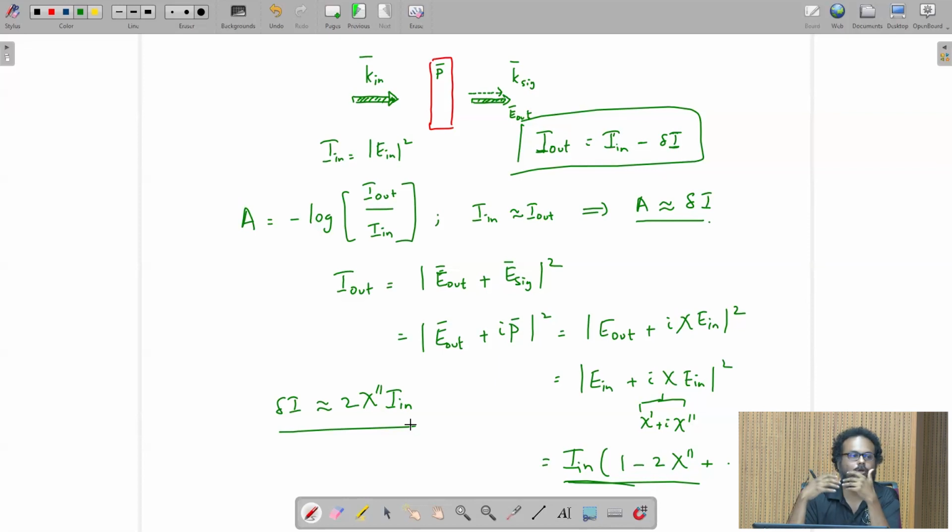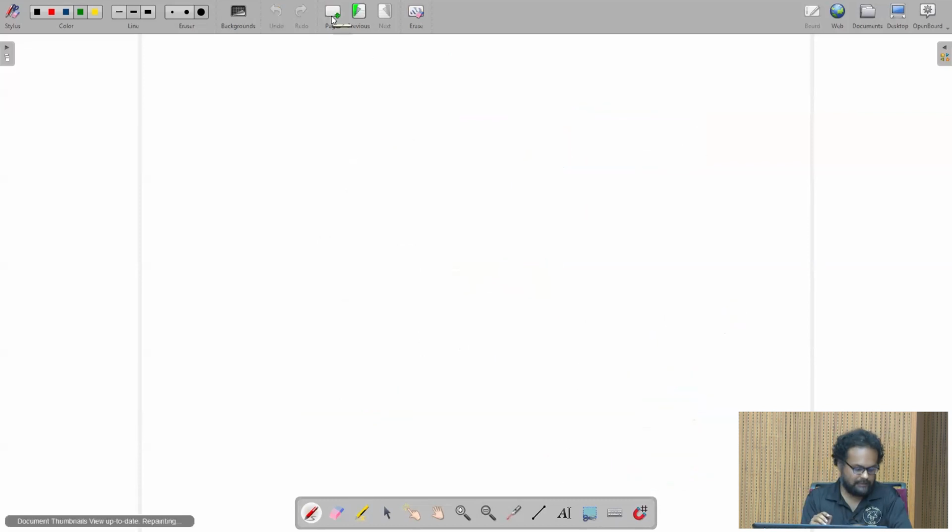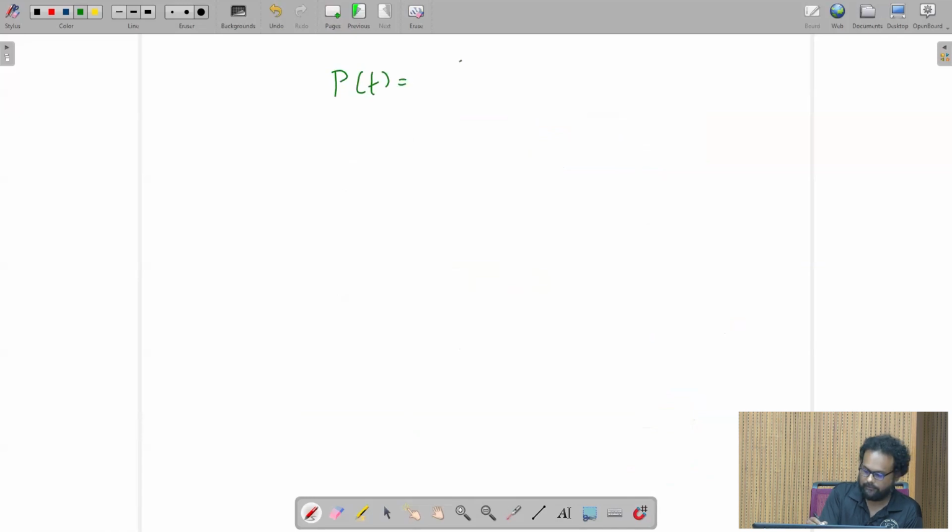So what will be the correct quantity that I need to estimate? It is the expectation value of the dipole moment operator that will give me polarization, right? So quantum mechanics tells us the polarization is simply the expectation value of my dipole moment operator, which we know, thanks to density matrices, is trace of mu rho.